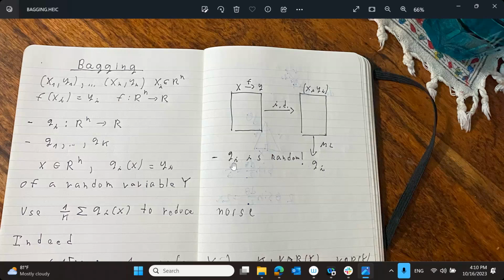Because the data will be slightly different because the sampling is random. Maybe there are other factors, but that's the main thing I'm interested in now. So every time I sample the points and I apply my machine learning, potentially I get a different approximation to the function. So that's not a good situation.